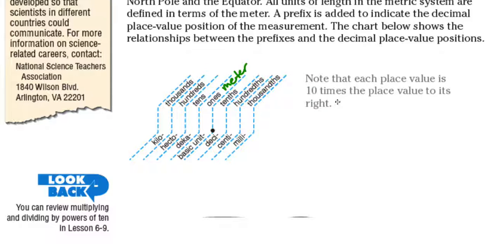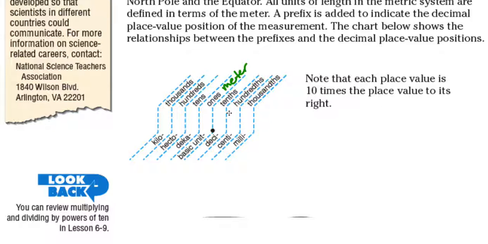We need to take note that each place value is 10 times the place value to its right. So if you notice, 100 times 10 is 1,000, 10 times 10 is 100, and so on and so forth. 1 times 10 is 10.